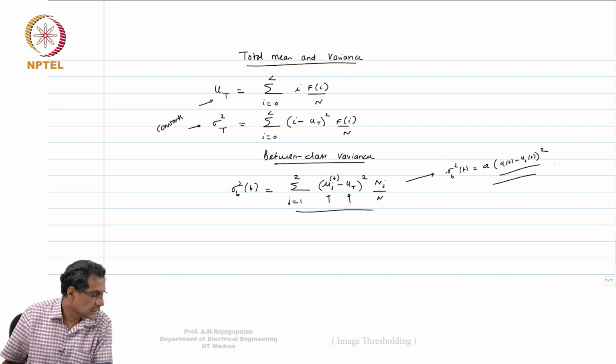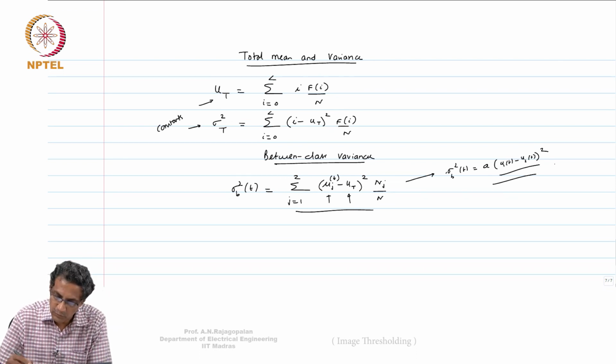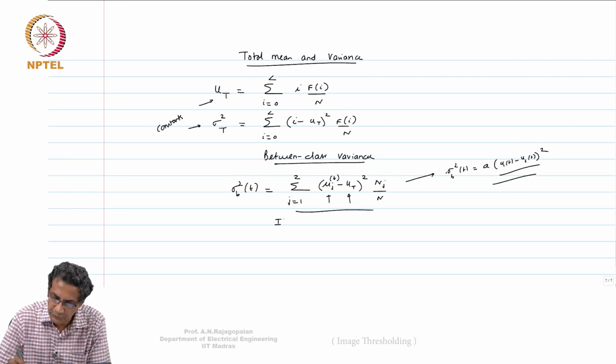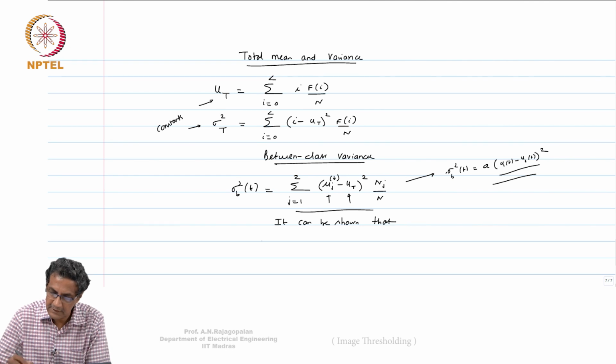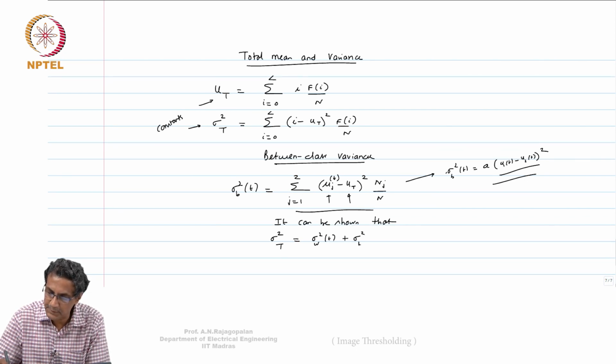Now, what we want to show is that sigma square t, which is independent of t, is in fact sigma square w of t plus sigma square b of t.